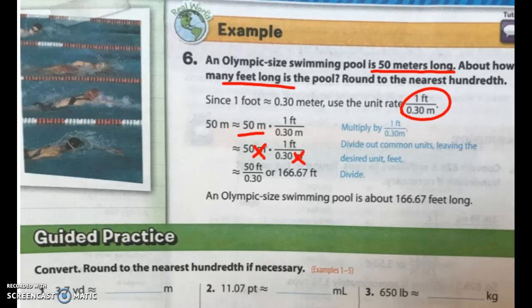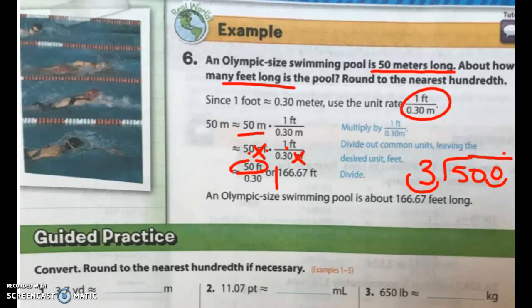Meters on the top, meters on the bottom. So then we're multiplying 50 times 1 gives us the 50 feet here. And then we've got the 0.3 in the bottom. So then they're just simply dividing 50 by 0.3. Again, you've got to move that decimal and add a 0.